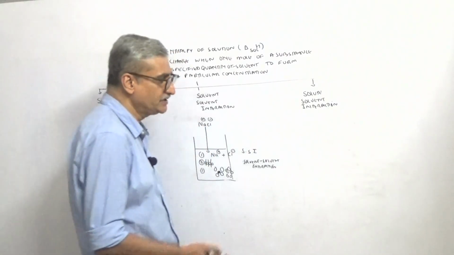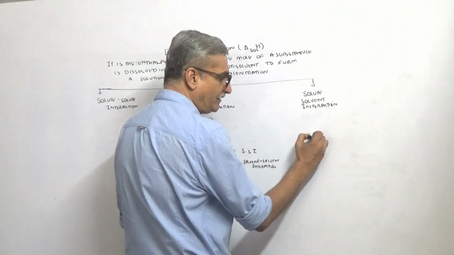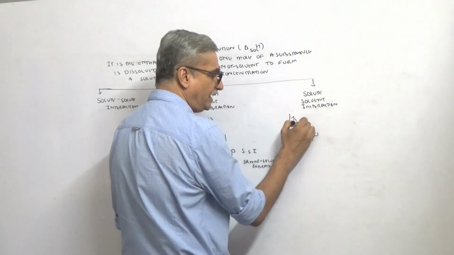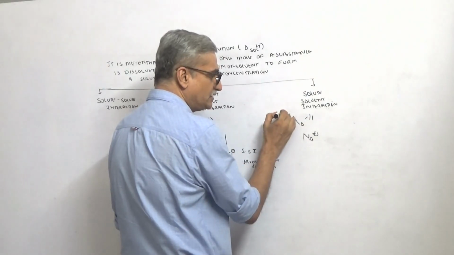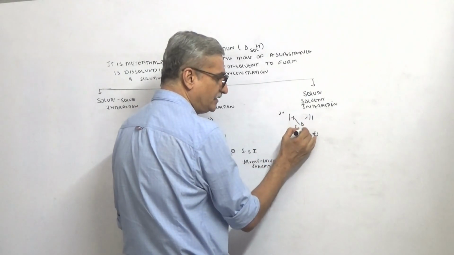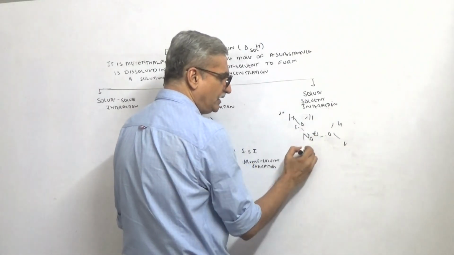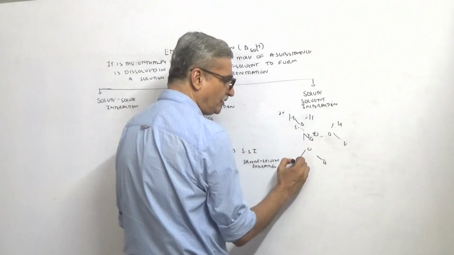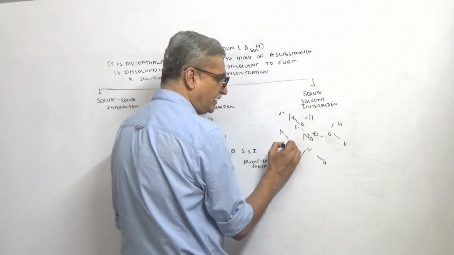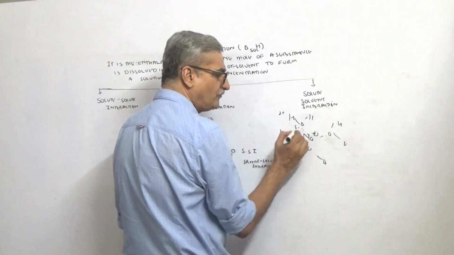If I magnify this, what is going to happen? You have Na plus and you have HOH. So this is delta plus delta negative. So it's going to form a bond. Another HOH is going to form a bond, and another, and another.